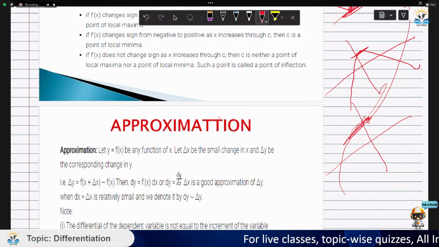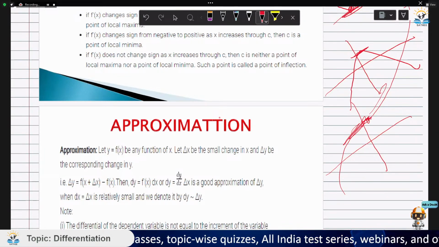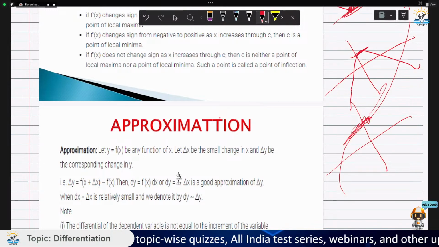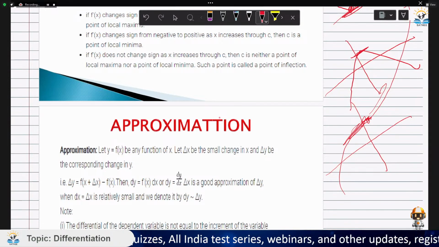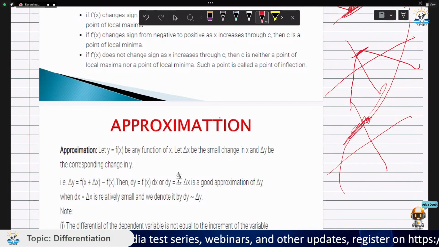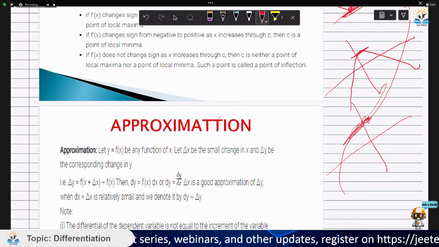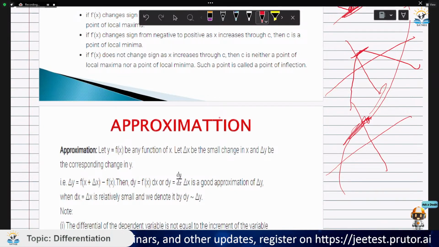So it gives me 2x is equal to t minus 1 by t. So t square minus 1 is equal to 2xt, and that is t square minus 2xt minus 1 equal to 0. So t becomes 2x plus minus root over 4x square plus 4, upon 2.